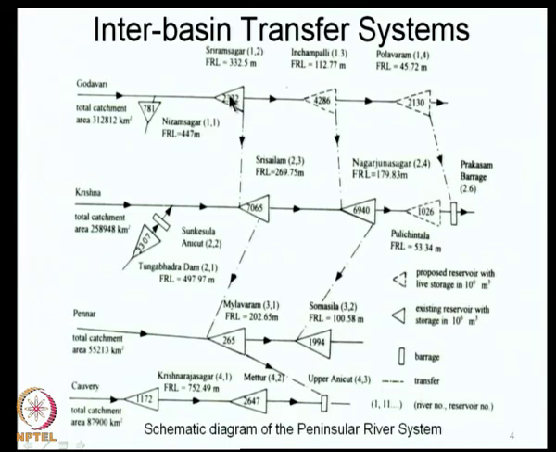So, the first priority, as I said, is to meet its own requirements. Then you look at the downstream reservoirs for that particular reservoir and see whether you can meet the demands of the downstream reservoir if it is in a deficit. The third priority will be to look at other basins.